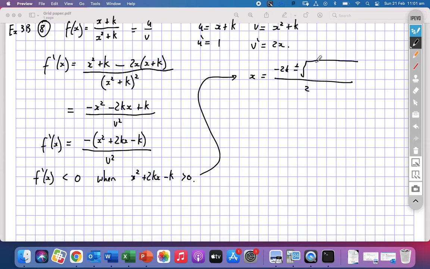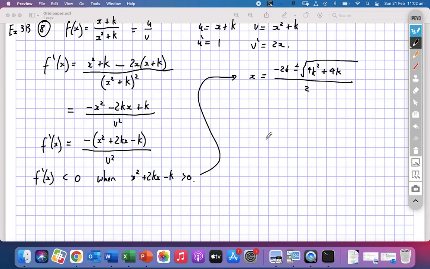Well, the b is 2k, so 2k squared is 4k squared. Then you have a minus 4ac. The 4ac, 4 times 1 times minus 1, would be a minus 4. And we've got minus 4ac, so we've got minus minus, we've got plus 4k.